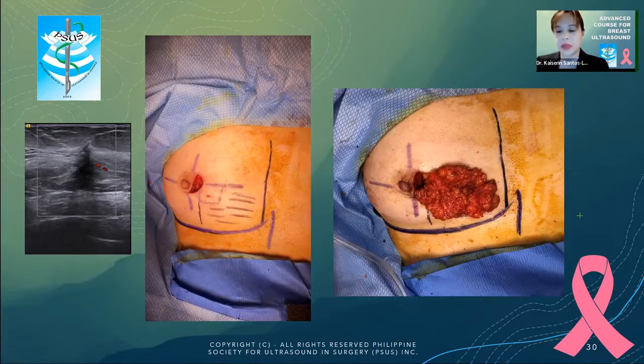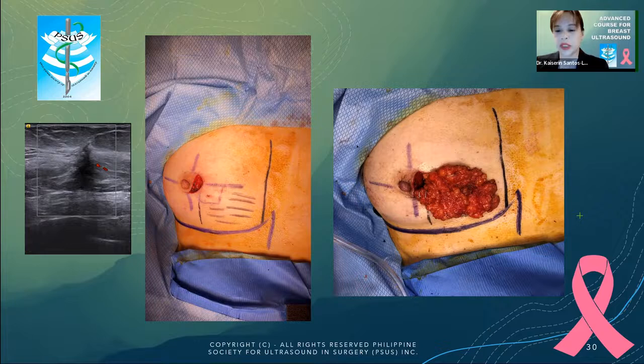This is an actual patient. I used an ultrasound to localize that very small lesion on the ultrasound photo. We also had markings for the margins for our partial mastectomy, and that is the small volume of tissue excised, sent for frozen section, and the margins were all negative. With a small volume of breast, we were able to remove a smaller volume of tissue.